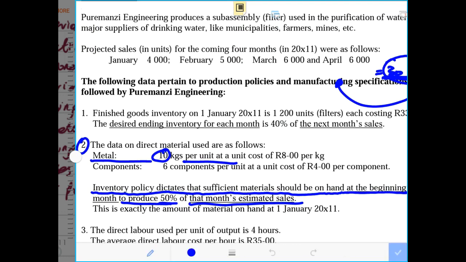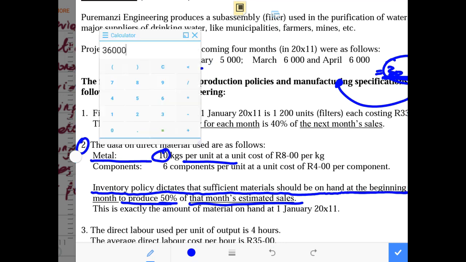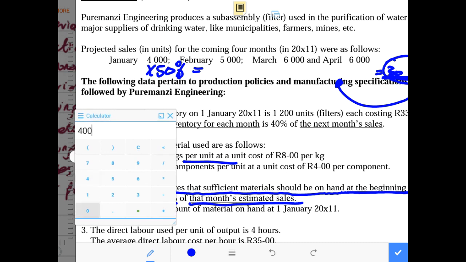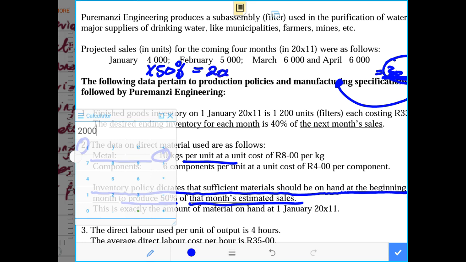In this case, we have in the month of January 4,000. That means we have to say 4,000 times 50%. If we multiply this by 50%, it will give us half of the units that need to be sold. We multiply this by 50% and it gives us 2,000 units.